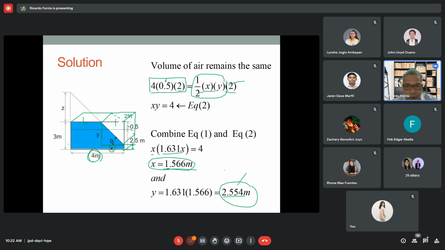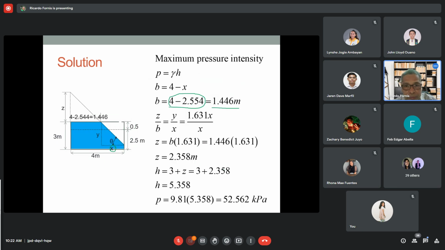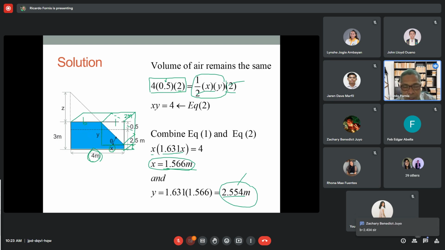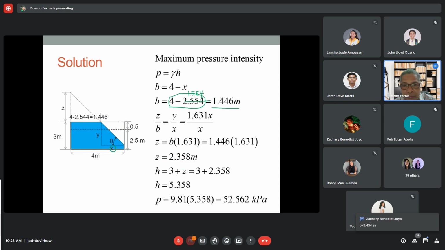The value of B will now become 1.566. And therefore, using our calculator, this should be 2.434. Do you get the same result?